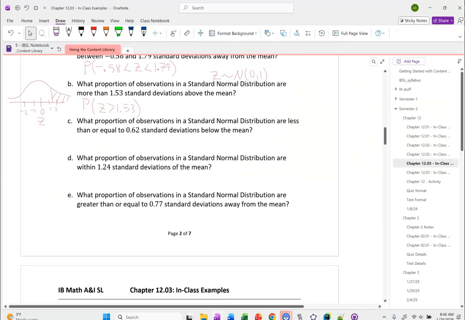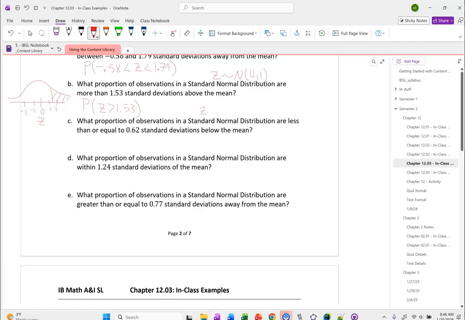What proportion of observations in a standard normal distribution are less than or equal to 0.62 standard deviations below the mean? So less than or equal to what value?